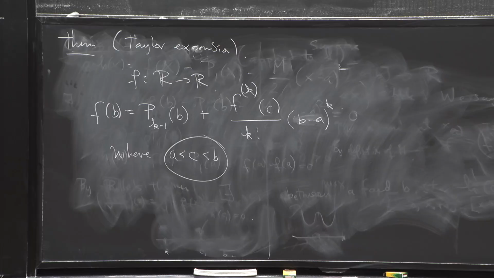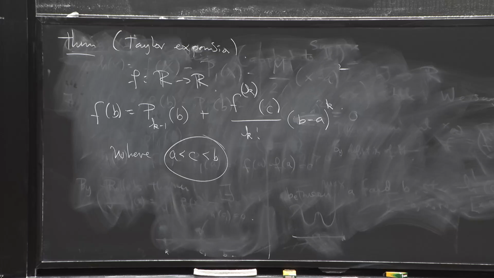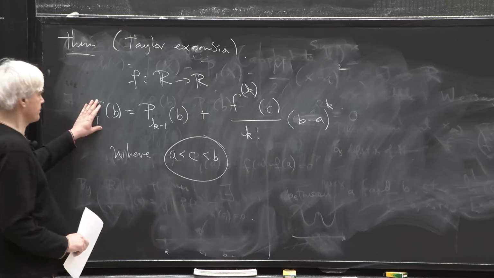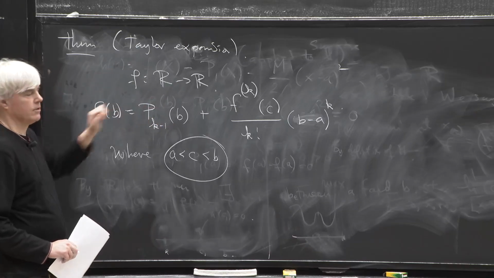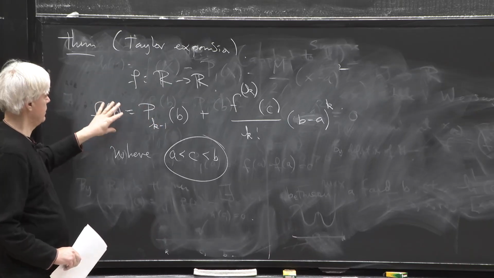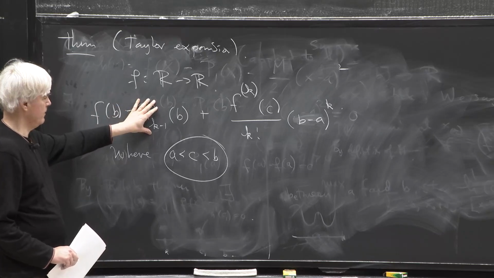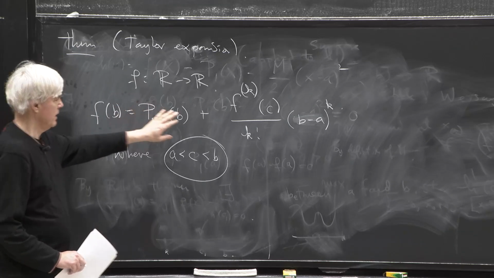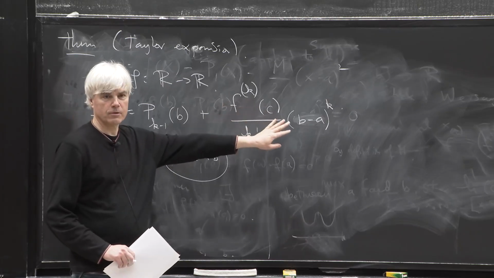Okay. Right, and again, the idea is that you have a function, any function. It needs to be differentiable k times, but then it's actually very close to a polynomial of degree k minus 1, and you can estimate how close it is in terms of this term here.